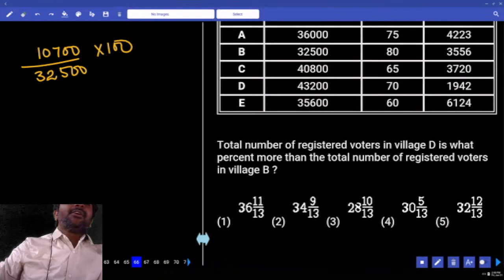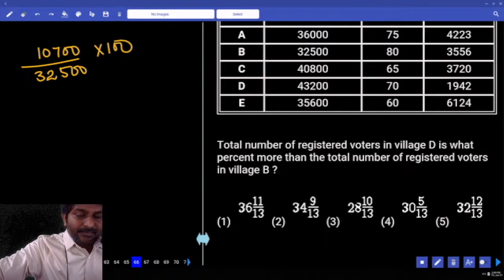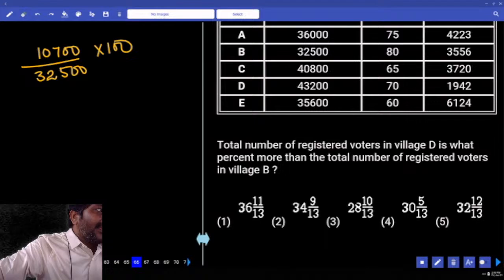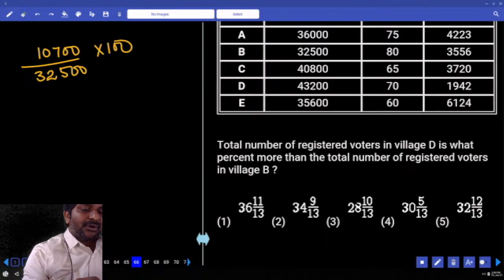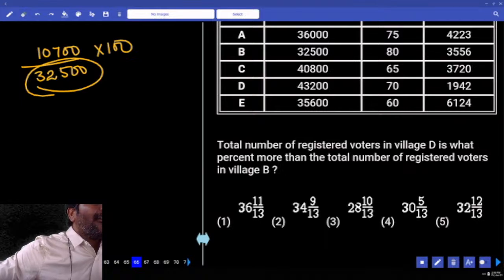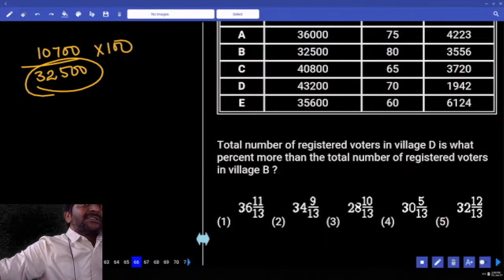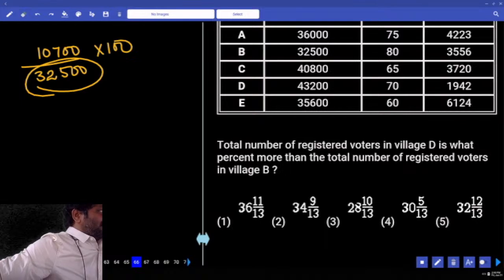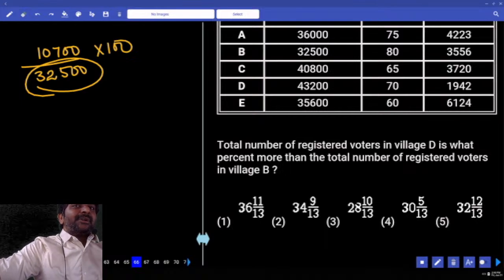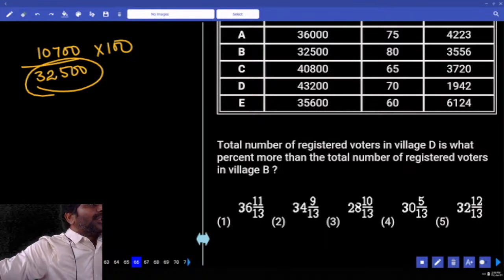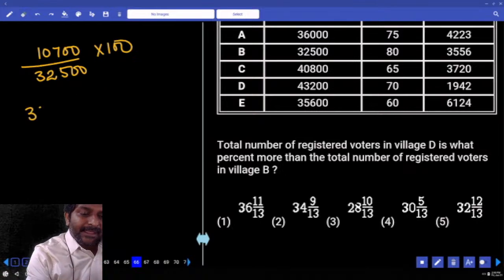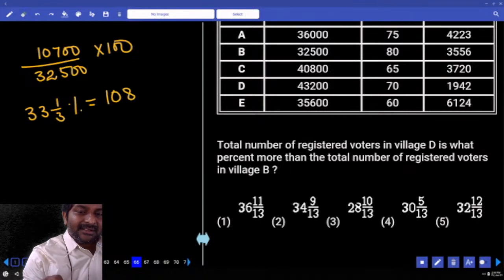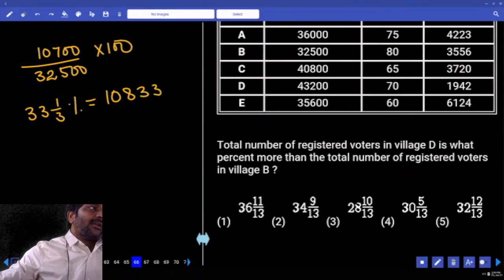Right. Now when you look at your options, you know that options are very close to 30, correct? Now, let me first go for 1/3 of the denominator, which gives us 33 1/3%. 10,000 is 1/3. Then 833.